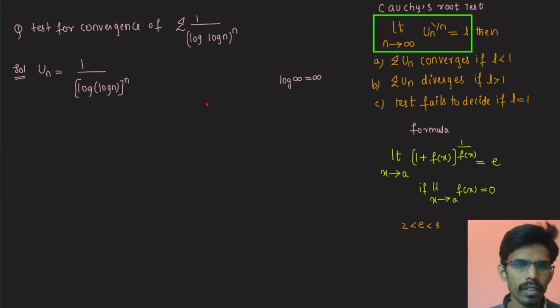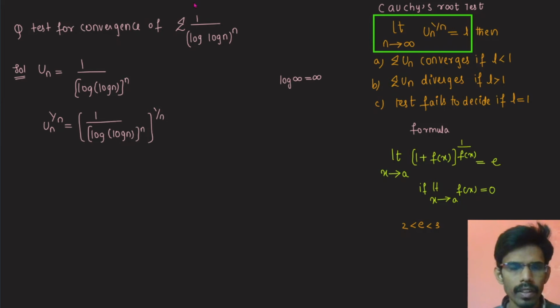Now apply 1 by n as the power to both sides. Here we have 1 by log of log n whole power of n whole 1 by n. Now these two will get cancelled, this n and this n will get cancelled. We have 1 by log of log n.